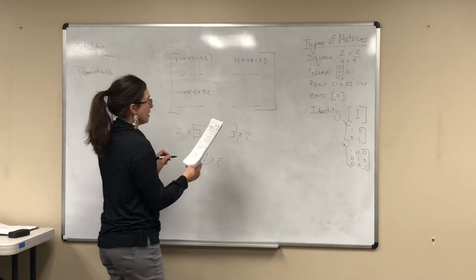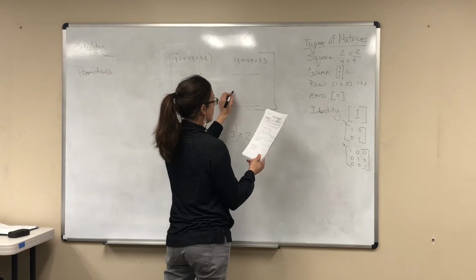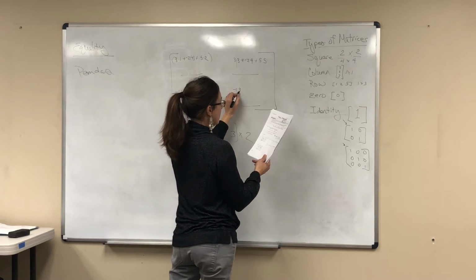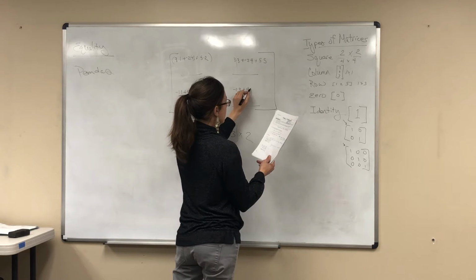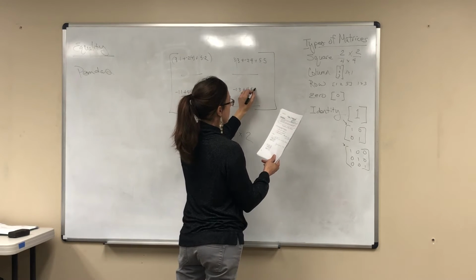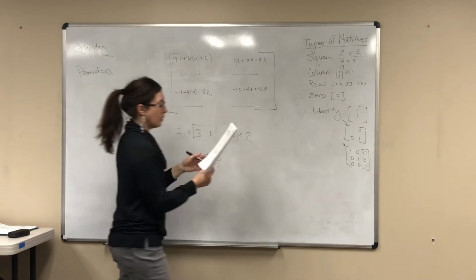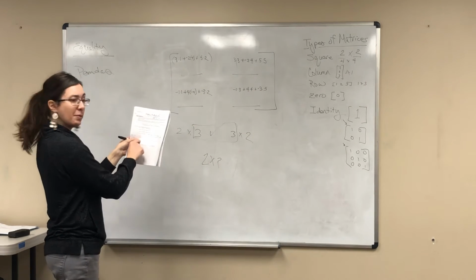Second row, second column: negative 1 times 3, plus 4 times 4, and then plus negative 3 times 5. So you can keep your fingers on them and work it down.